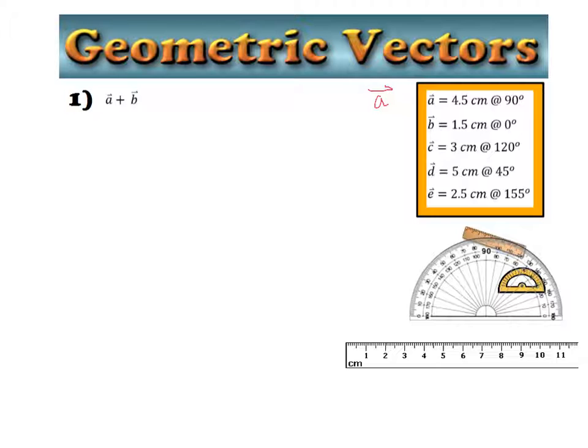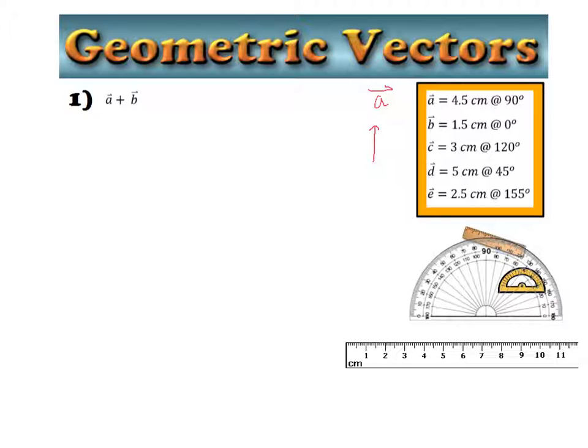What you do when you combine vectors together through addition or subtraction is we use this tip to tail idea where we start by drawing the first vector, and I'm just going to sketch this over here. Vector A is going to be going straight up at 90 degrees, so it's going to look like this, and it's going to be 4.5 centimeters.